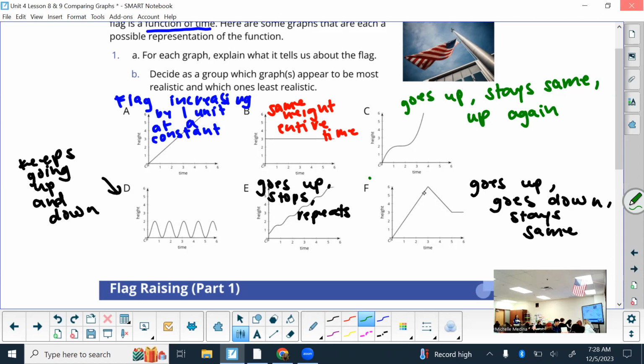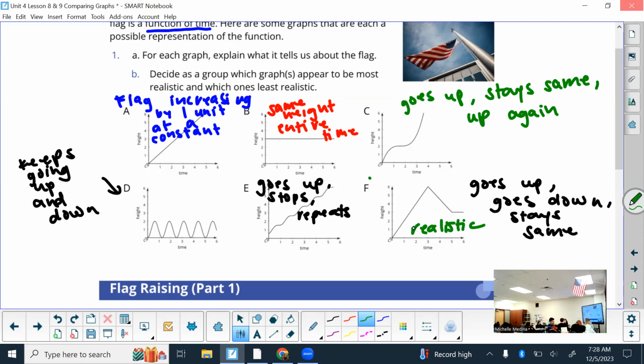Raising a flag at a constant rate, then maybe lowering it, and then leaving it alone? You think that that could be possible? Who said that a different one was the most realistic? I feel like it's kind of an opinion. I mean, there's definitely ones that probably aren't realistic.